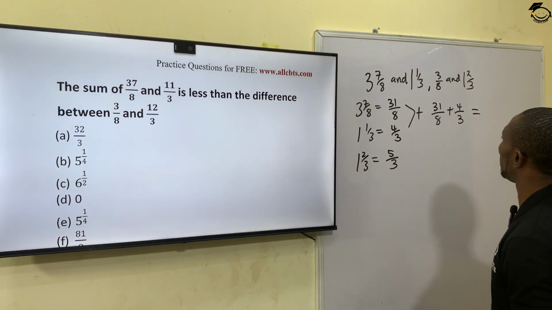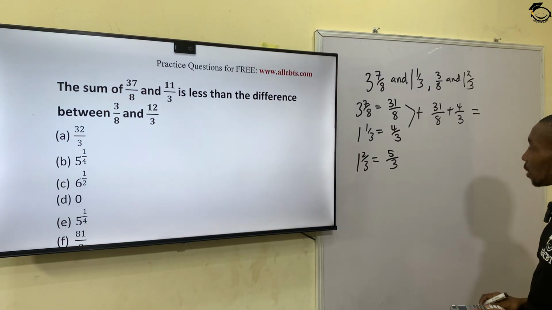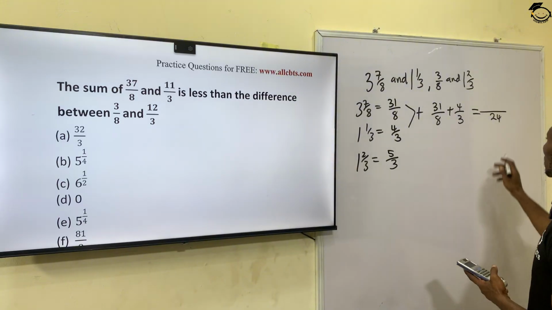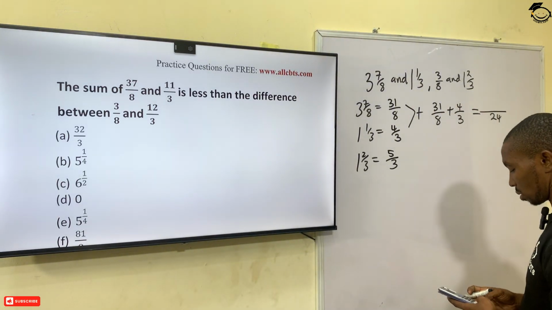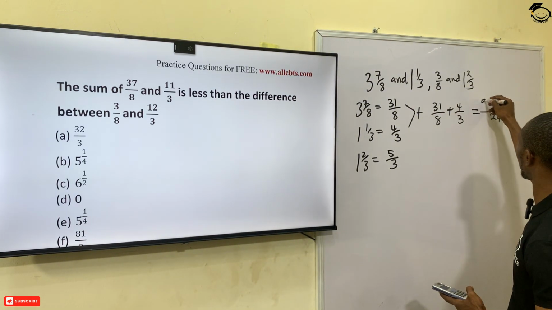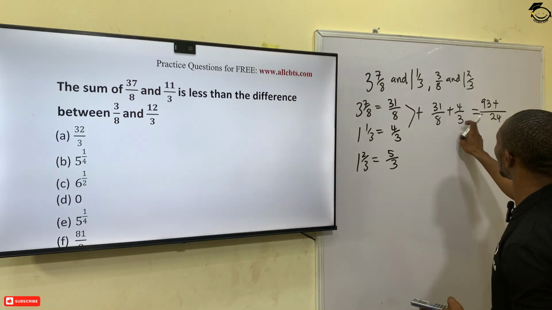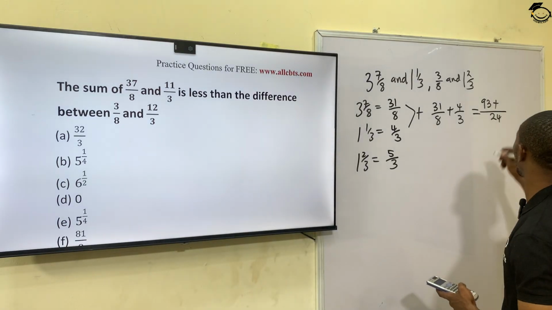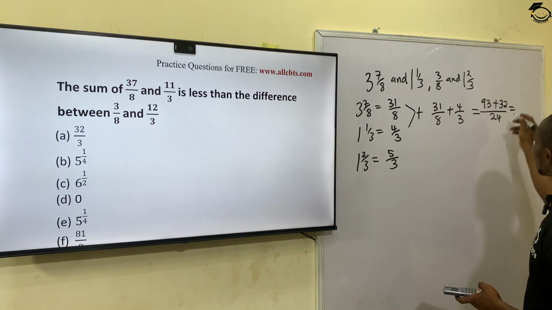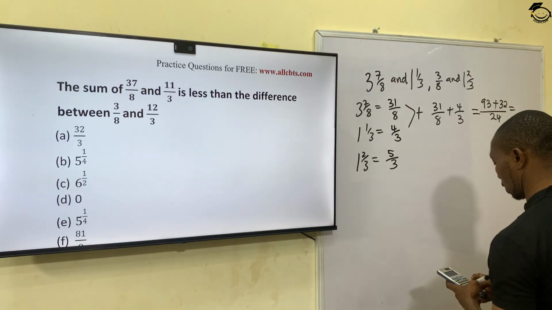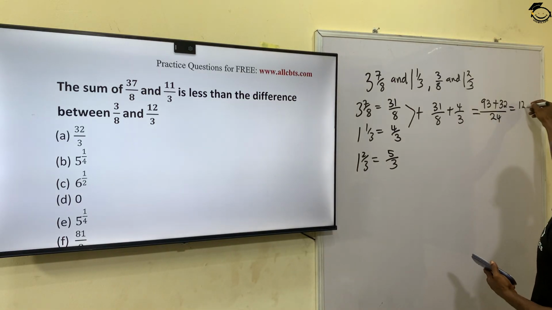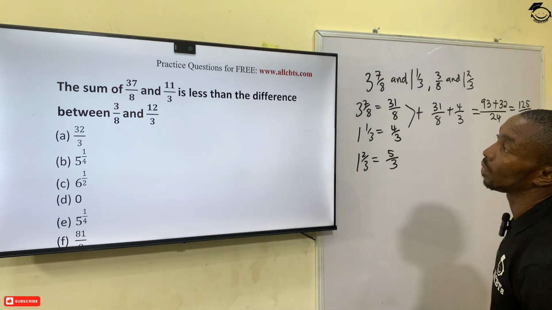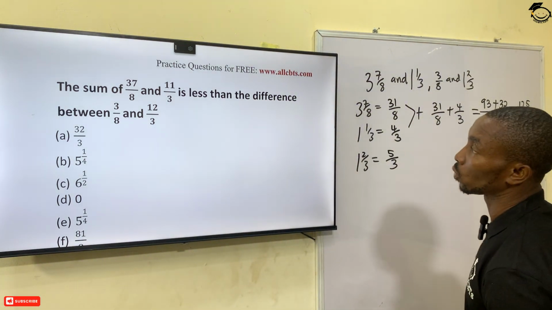Now, our LCM here would be 8 times 3, 24. 3 times 31 would give us 93, plus 8 times 4 would give us 32. So 93 plus 32 gives us 125/24.